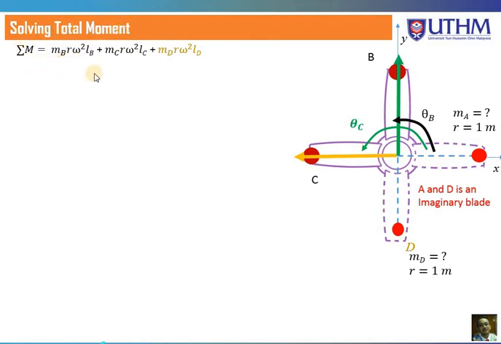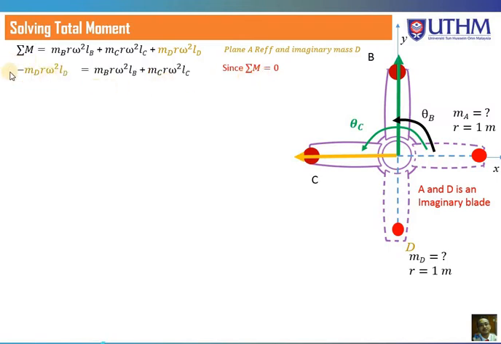Because we are taking plane A as a reference plane, what we have now is only three moments created by masses B, C and D. So this is the formula, and it is known that the total moment is equal to 0.